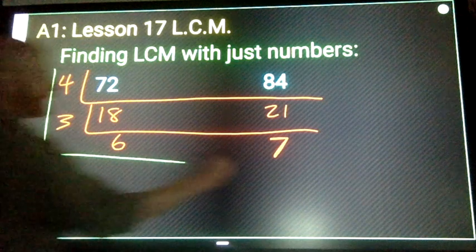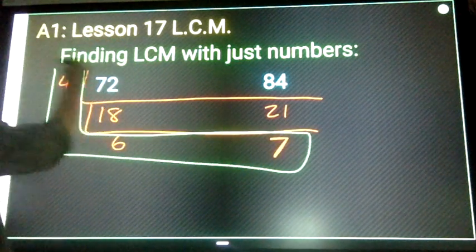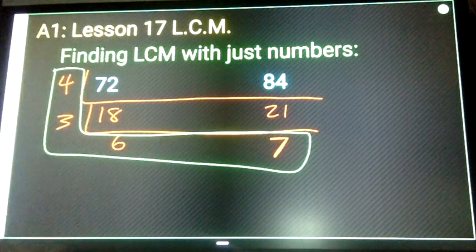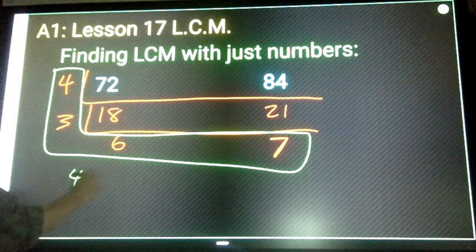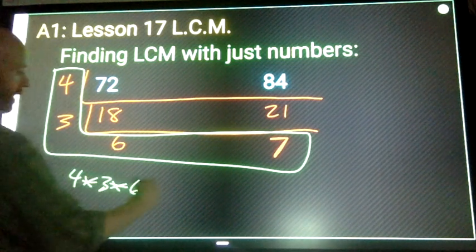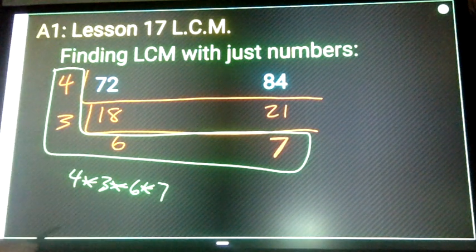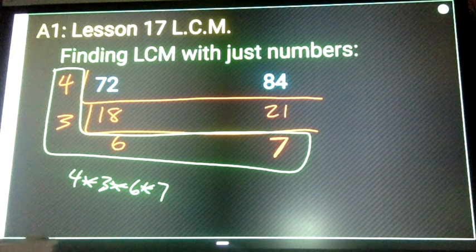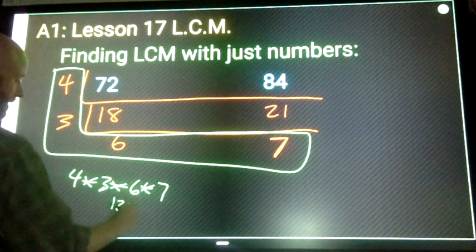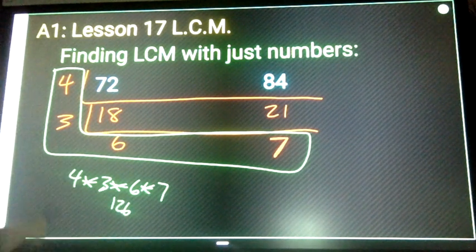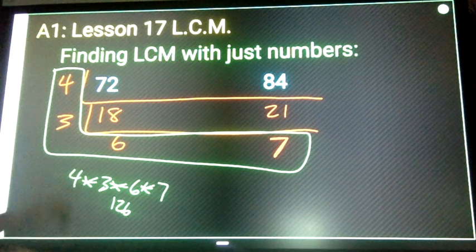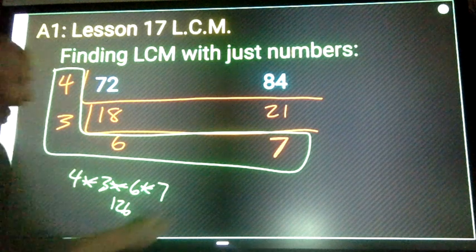And my least common multiple will be 4 times 3 times 6 times 7. So 4 times 3 times 6 times 7, which is 42 times 3 is 126 times 4 is, well, 125 times 4 would be 500 plus 4, 504.